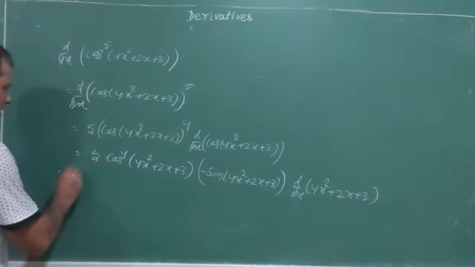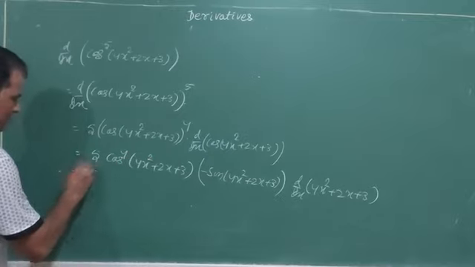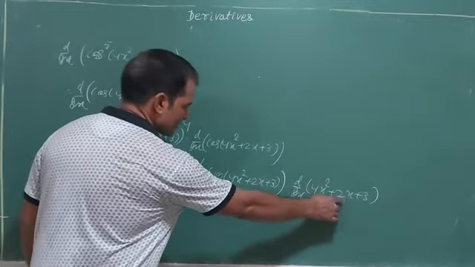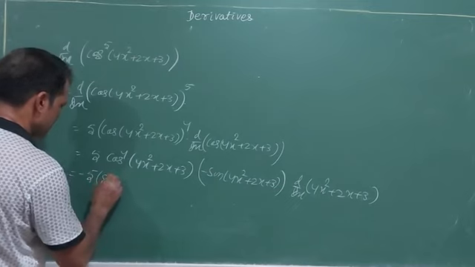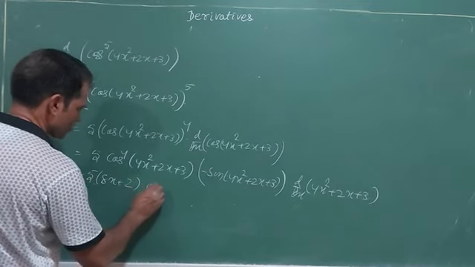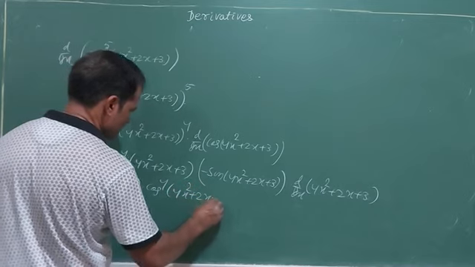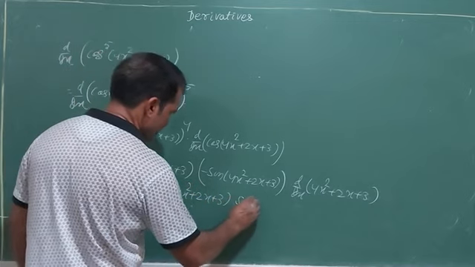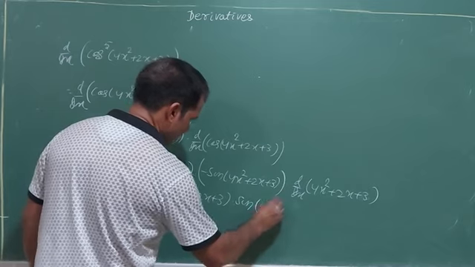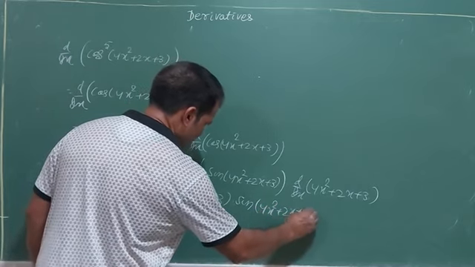So the final answer, bring that minus outside, minus 5, and the derivative of this is 8x plus 2. Minus 5 into 8x plus 2, cos to the power 4, 4x square plus 2x plus 3 into sin 4x square plus 2x plus 3.